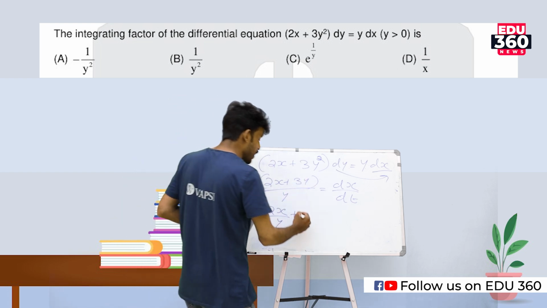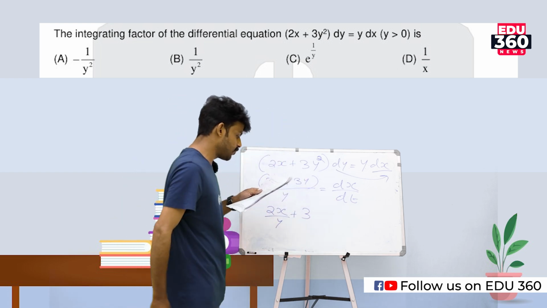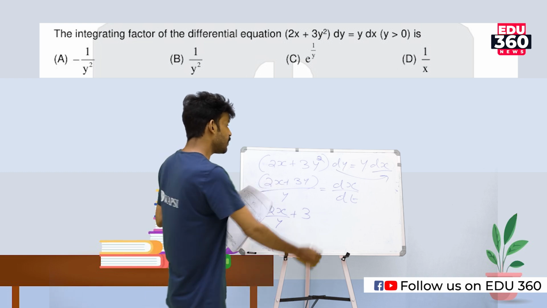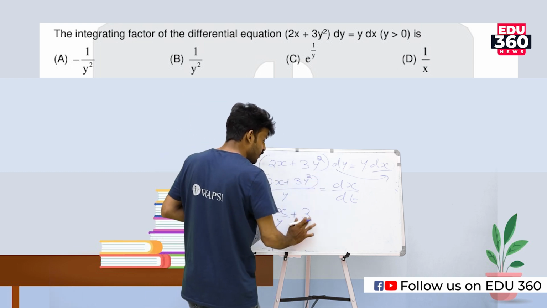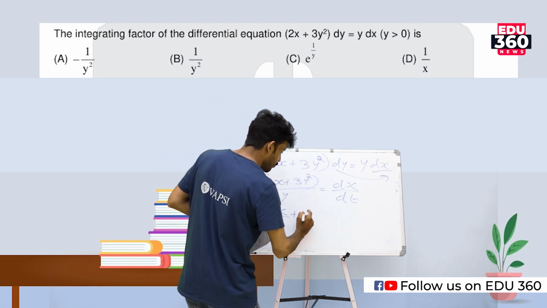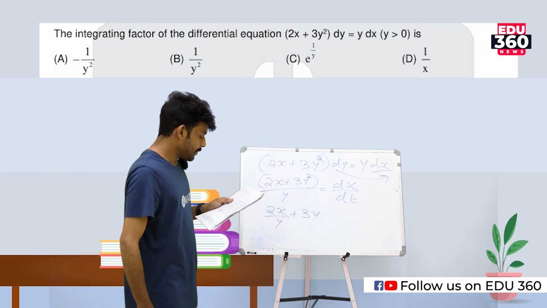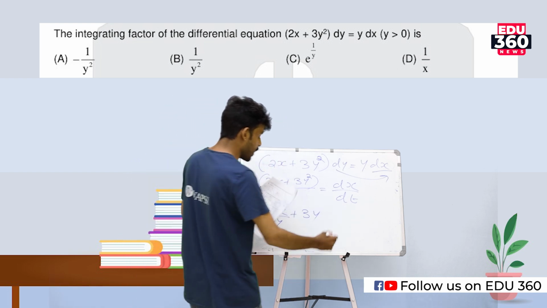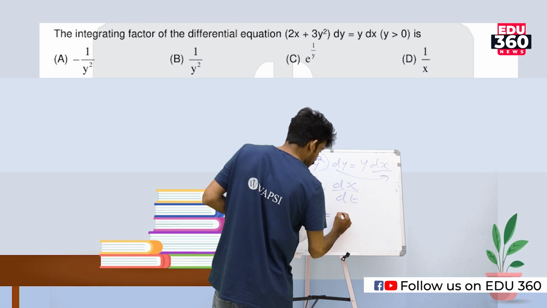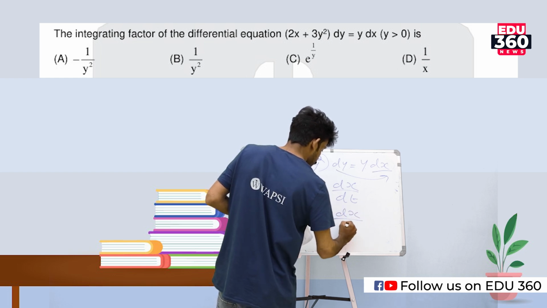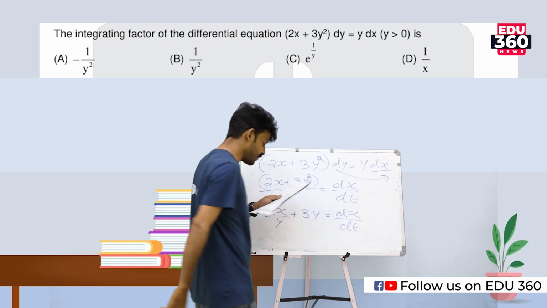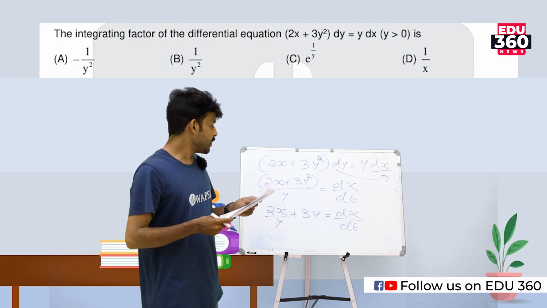One y is going to cancel, so this will become 3y. So 2x by y plus 3y is equal to dx by dy.